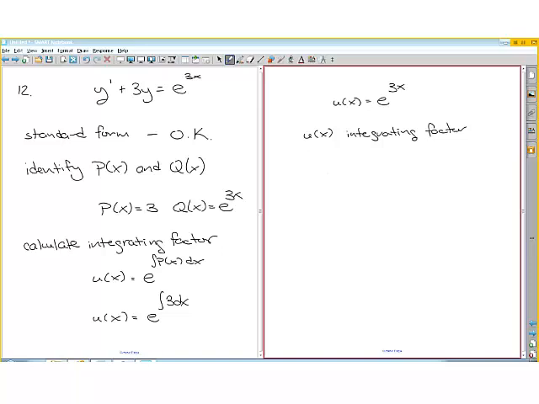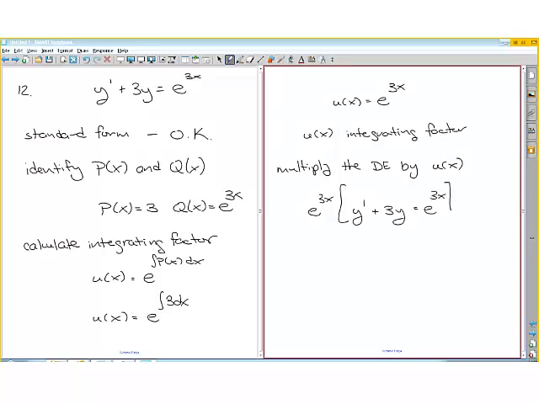So the next thing is we multiply the differential equation by u of x. That means everything. So I show that as the integrating factor, e to the 3x, times the whole differential equation. So everything. So this is going to be applying the distributive property.